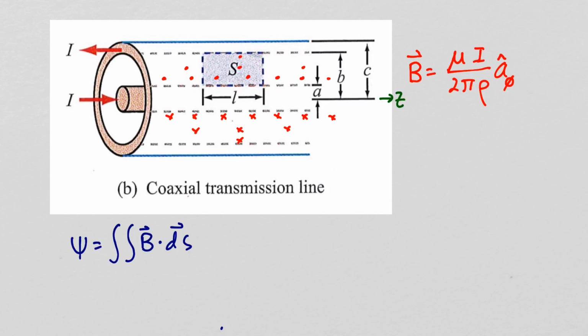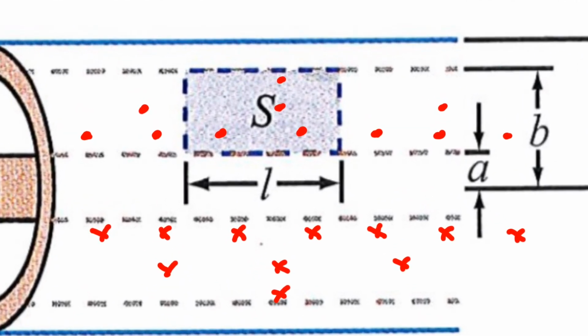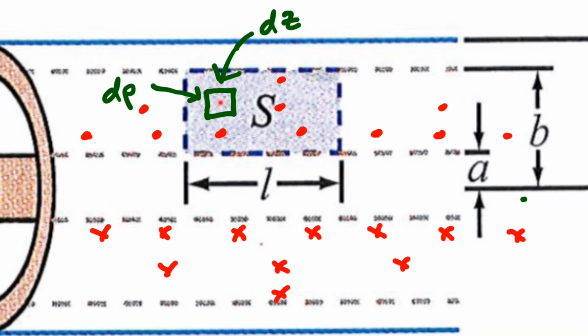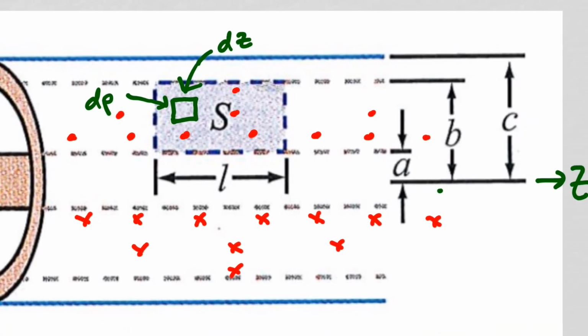So to get the total flux, we just integrate B dot ds over this surface S. So here is our differential surface. It will be of area d rho times dz, and the outer normal will be in the phi direction.